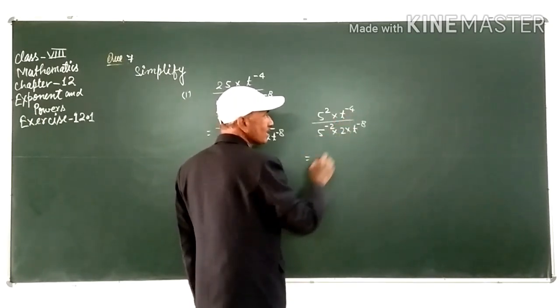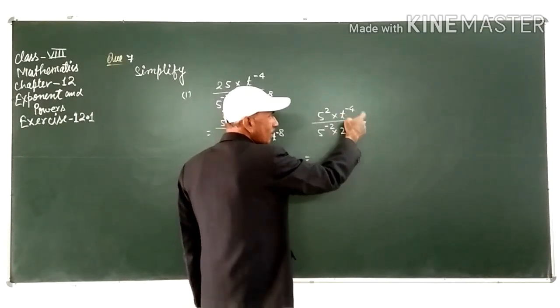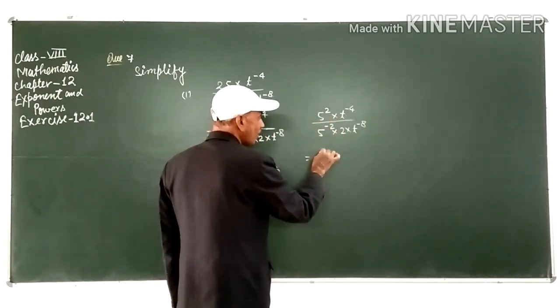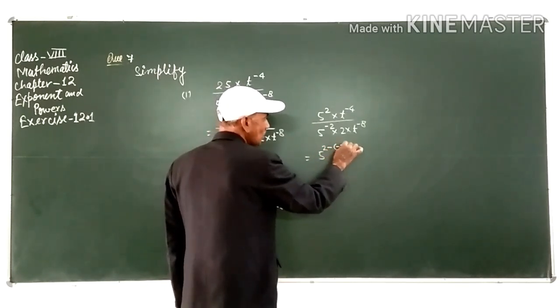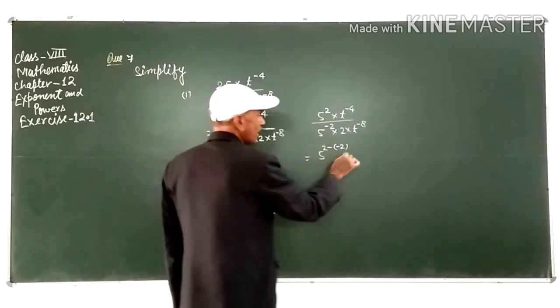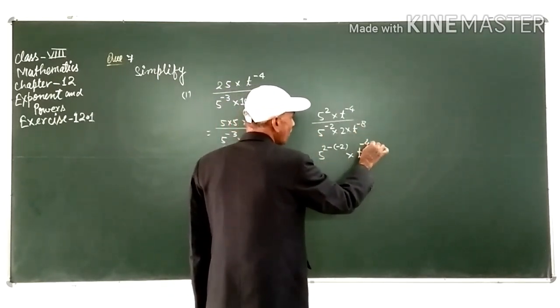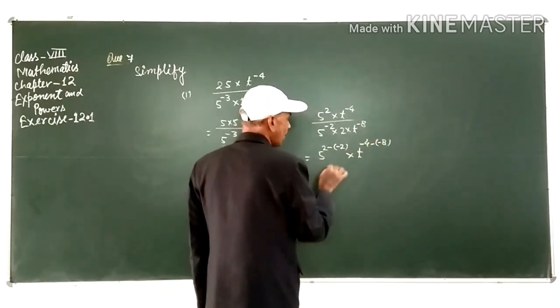Again bases are equal, so exponents will be subtracted. So we can write this like 5 to the power 2 minus 2. Clear, friends? Into t to the power minus 4 minus minus 8.